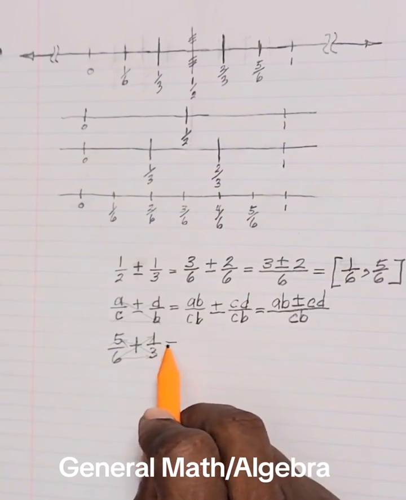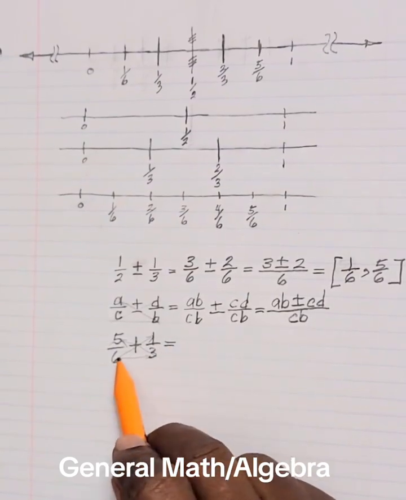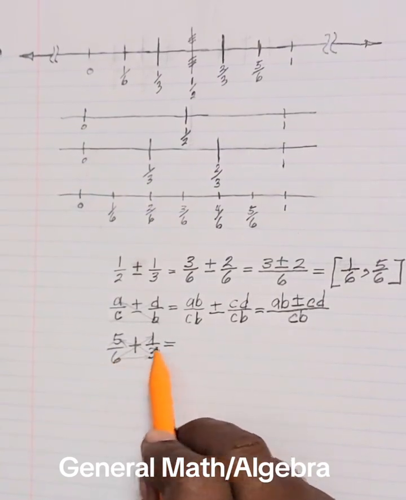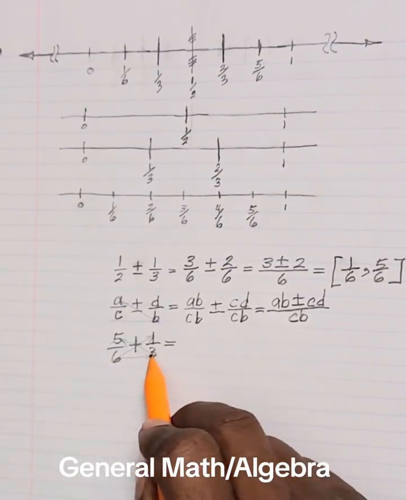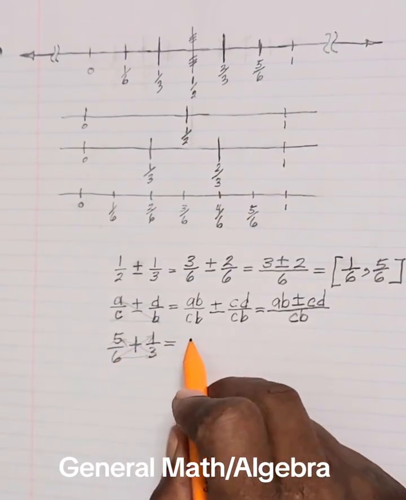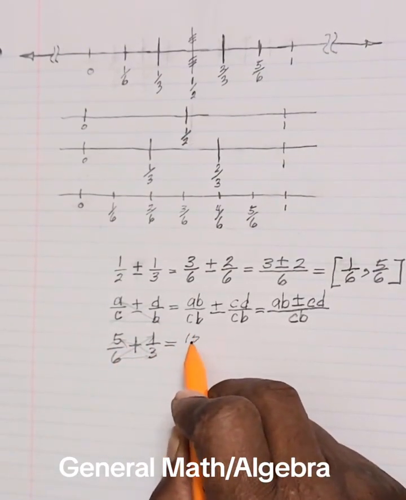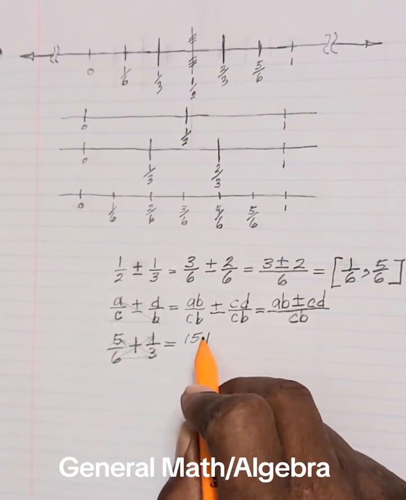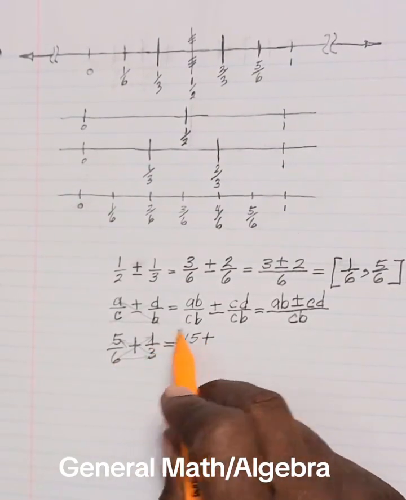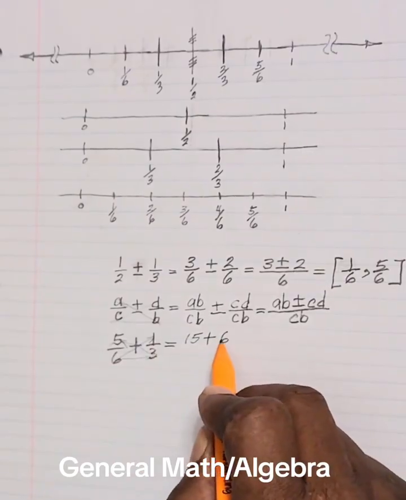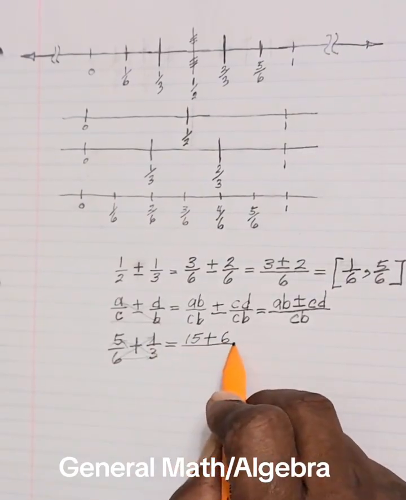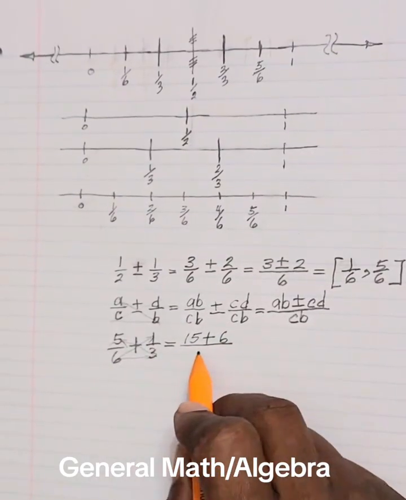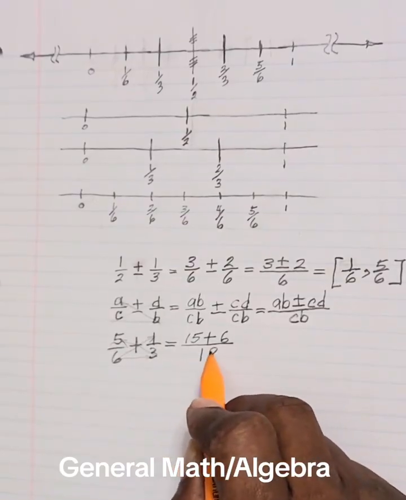So doing that, since I'm over here already, 3 times 5 is 15. And then I'm going to add that to 6 times 1, which is 6, and divide that by 6 times 3, which is 18.